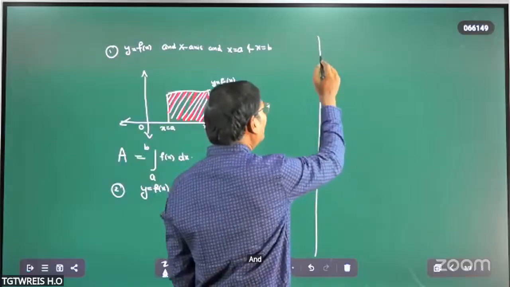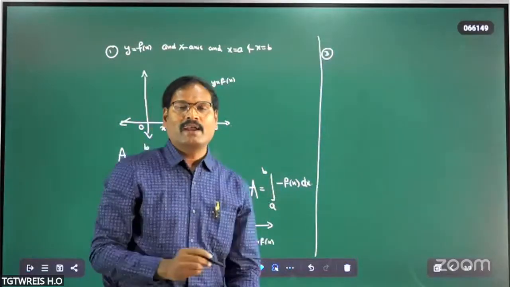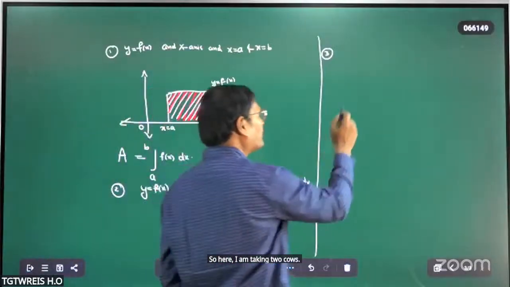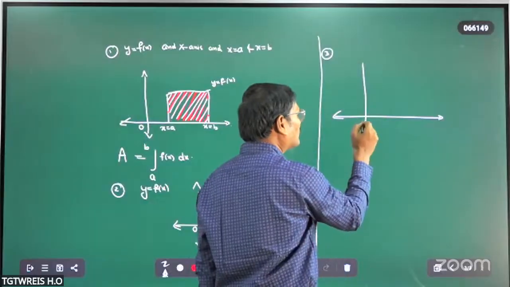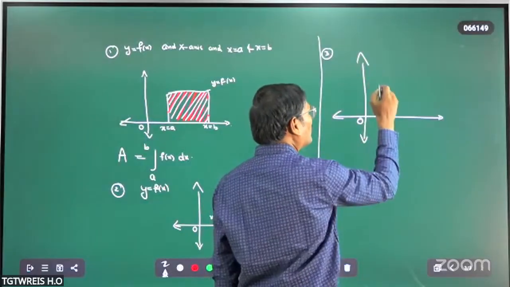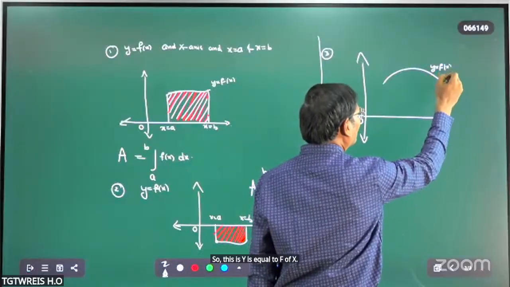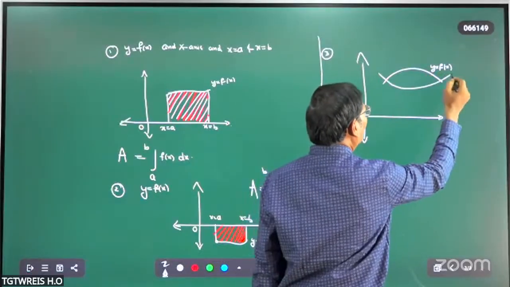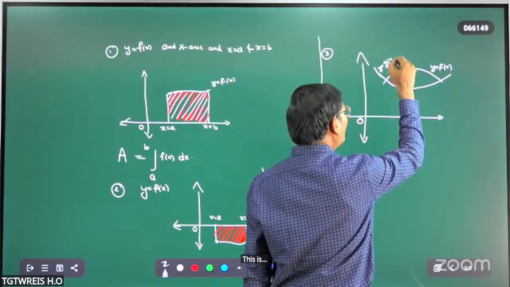And moving to the third case. So here I am taking two curves. This is y is equal to f of x. This is y is equal to g of x.